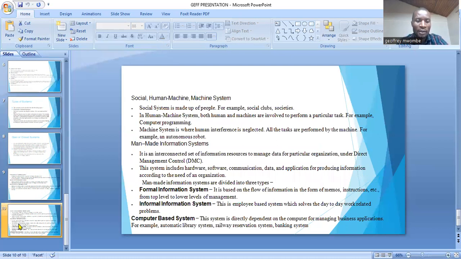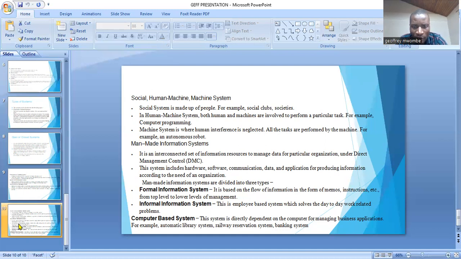Okay, our last subtopic here, we shall be looking at the formal and informal system.